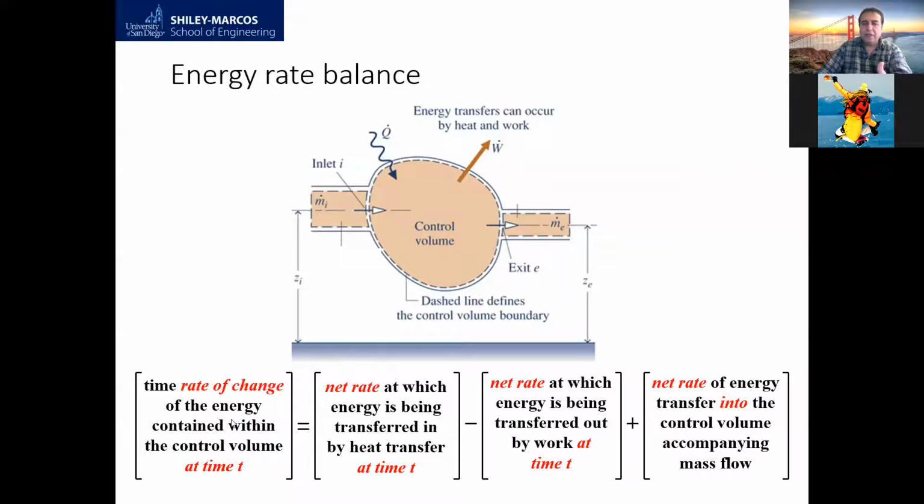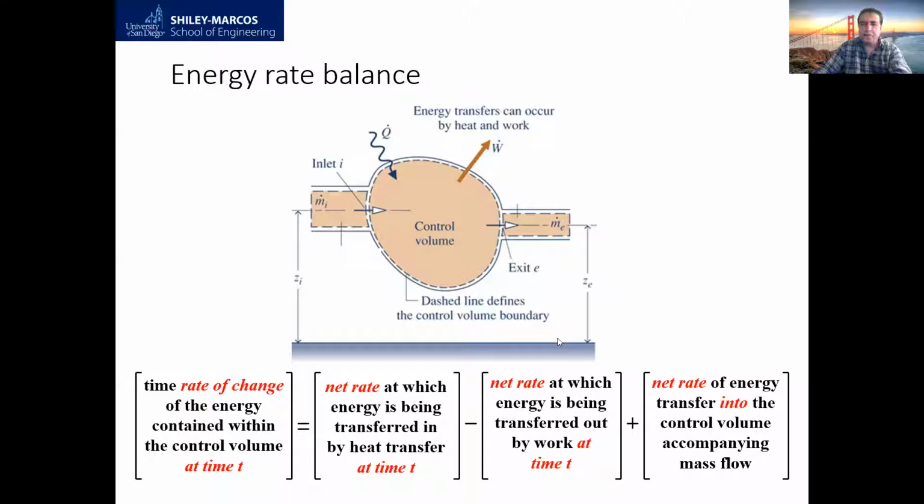So this is an energy rate balance. It has the rate of change of energy contained within the control volume, and the net rate at which energy is being transferred in by heat transfer at time t, that's Q dot. The energy going into the system is positive, and the work leaving the system is negative. The net rate at which energy is being transferred out by work is negative, and the net rate of energy transfer into the control volume accompanying mass flow is positive.